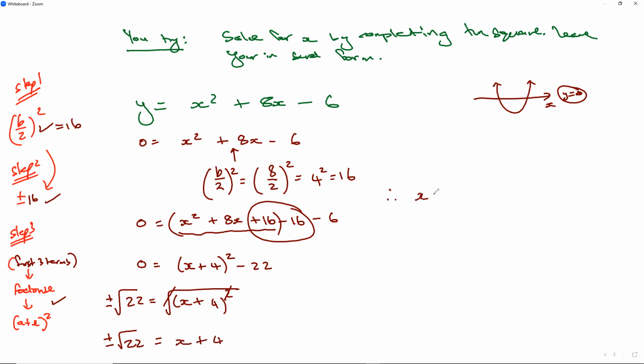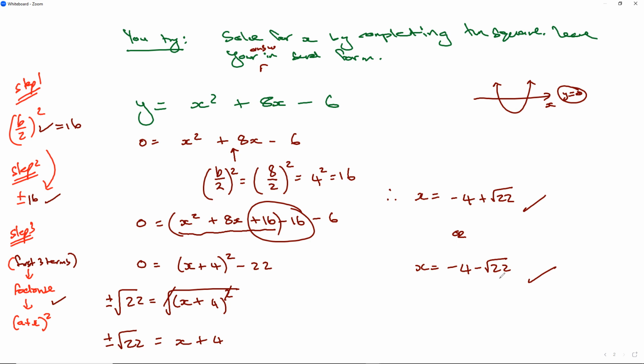So once I move 4 over, x will equal minus 4 plus the square root of 22, or x will equal minus 4 minus the square root of 22. And it specifically says leave your answer in surd form, so that means we're done.